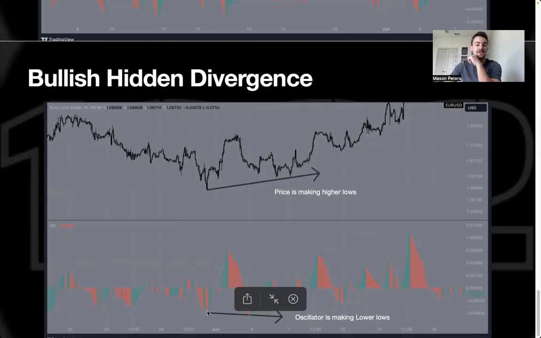Notice here that this is lower. This momentum is showing that this is lower than this one here. Price is making higher lows, the oscillator is making lower lows, and price is still in an uptrend. That one's tricky. Look how close it is too. That's a tricky one right there.